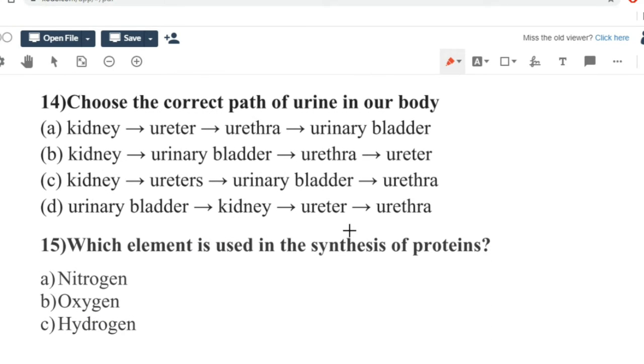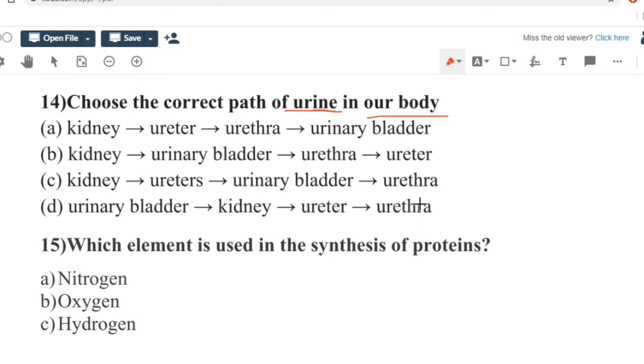Question number 14. Choose the correct path of urine in the body. So let us see the options. Kidney, ureter, urethra, urinary bladder. Kidney, urinary bladder, urethra, ureter. Kidney, ureters, urinary bladder, urethra.